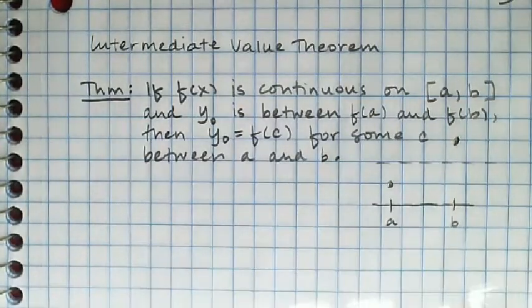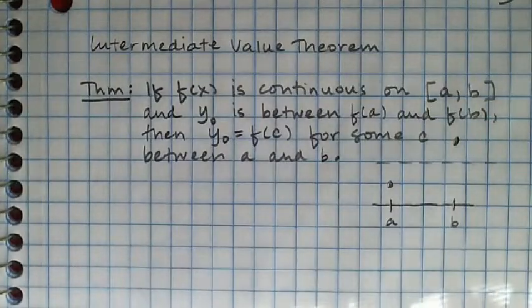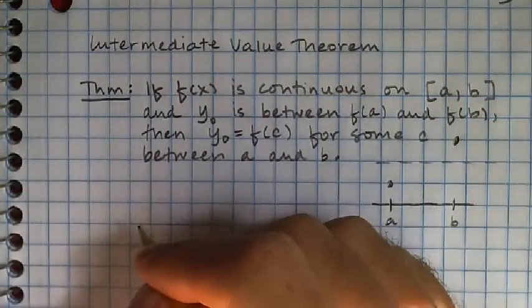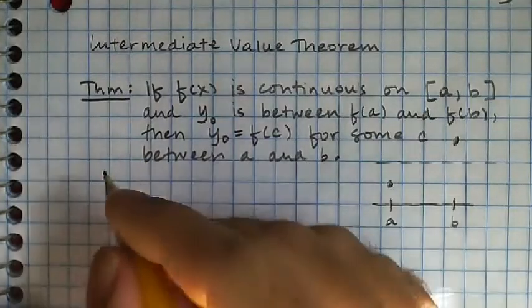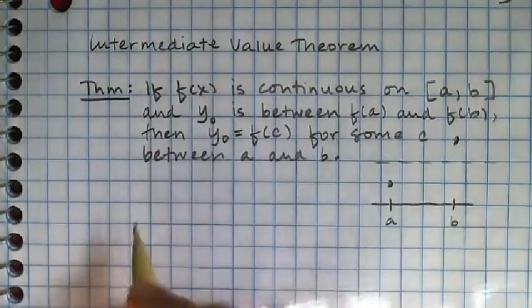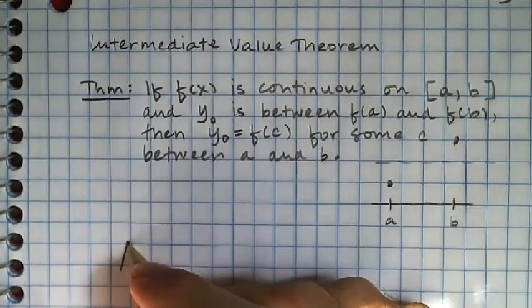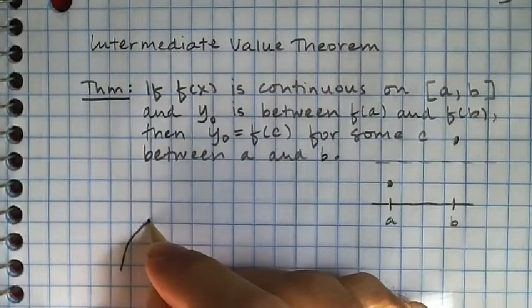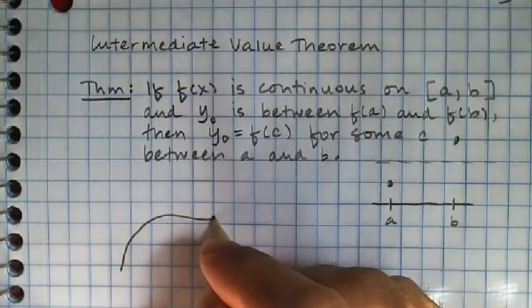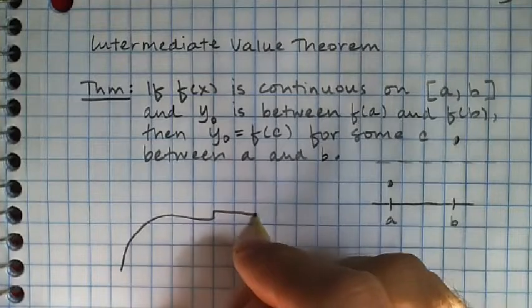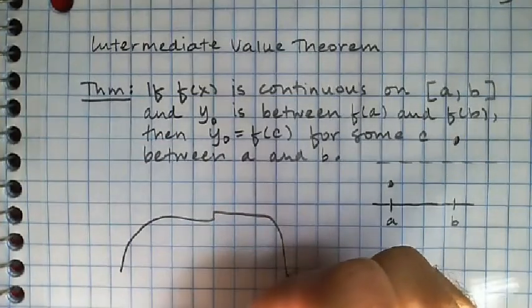Also, it could be stated another way. I'm going to draw you, let's just suppose this is the Texas coast, and that's Louisiana, and it comes over there, and then Florida comes way down.